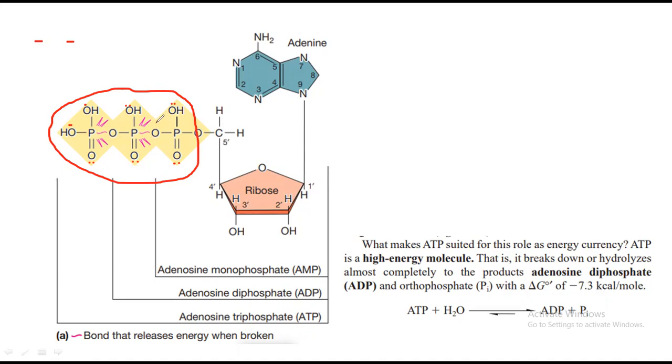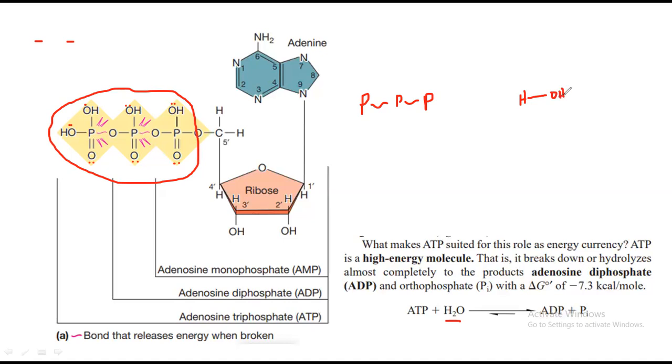Now, when there is a water molecule, this ATP wants to give its phosphate to the water molecule. Just look here, these are the three phosphates, and here is the water molecule, for example.